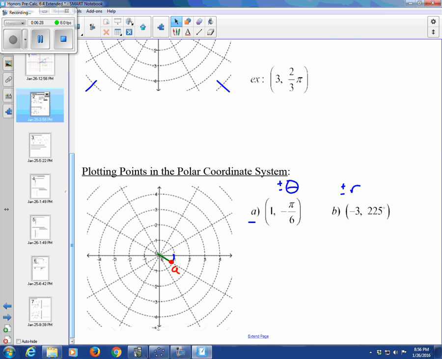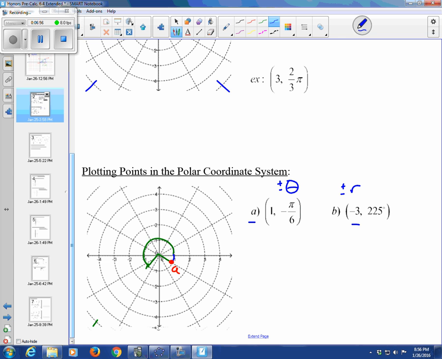If we want to go ahead and plot the point B, we first have to rotate 225 degrees, which is 45 degrees past 180, so that would be a rotation that takes us all the way back around here, right? And we're halfway into that third quadrant with this rotation. Now right here, since our r value is negative, what we want to think is that instead of moving forward 3 units, we're going to move backward 3 units.